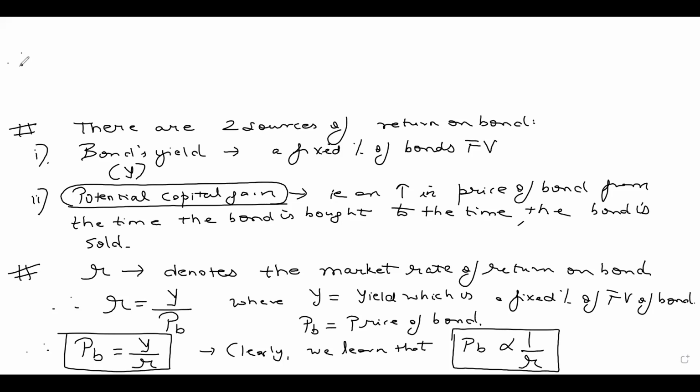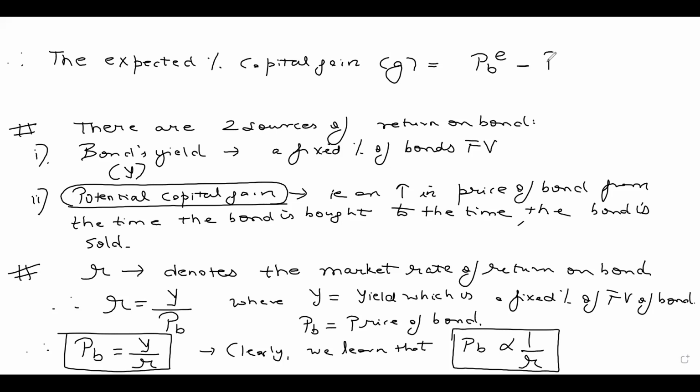So I can say the expected percentage capital gain, which is G, is equal to the expected price at which I plan to sell the bond minus the actual price at which I bought the bond divided by the actual price at which I bought the bond.